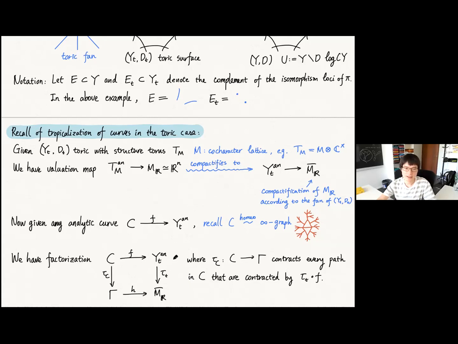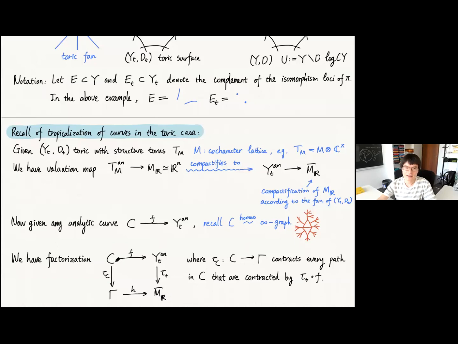The analytic space is very complicated, especially in the higher dimensional case. It's difficult to imagine, but it has a nice retraction map to just R^n, some compactification of R^n. So the composition of tau_T with F is a map from an infinite graph to R^n.